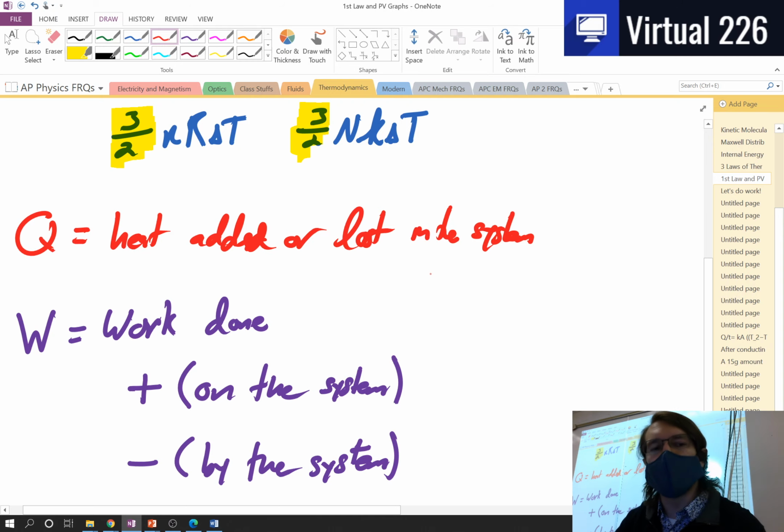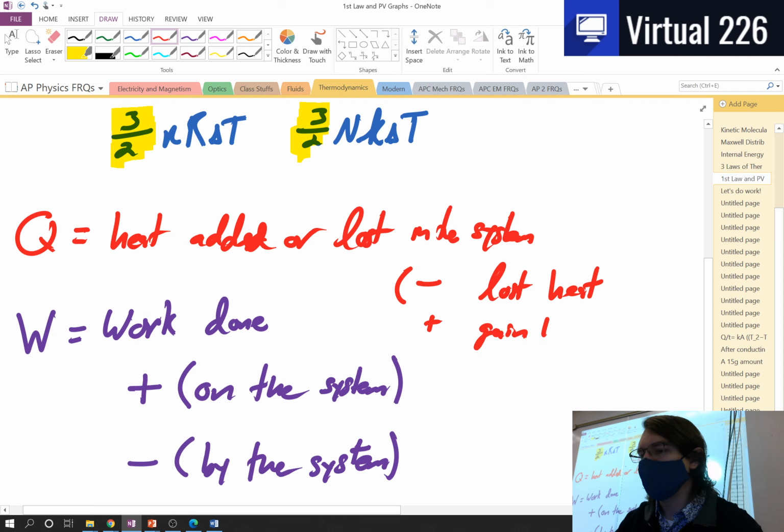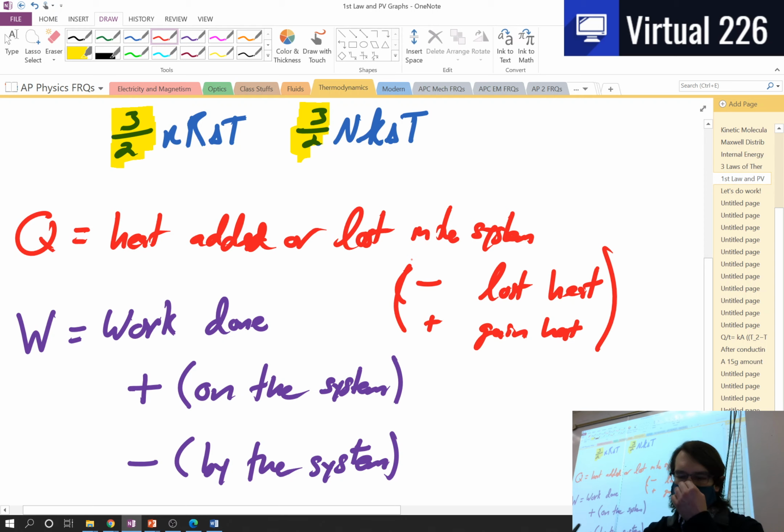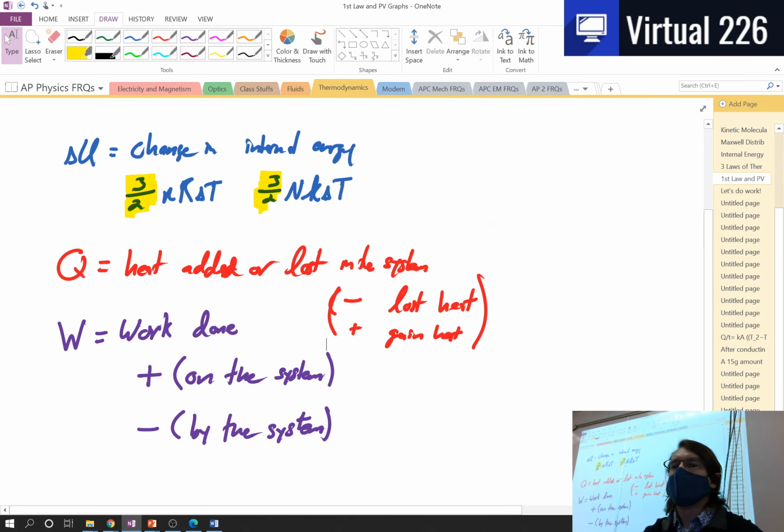Heat taken away is negative. So a negative Q means you lost heat. Plus is a gain. So that was our first law of thermodynamics.